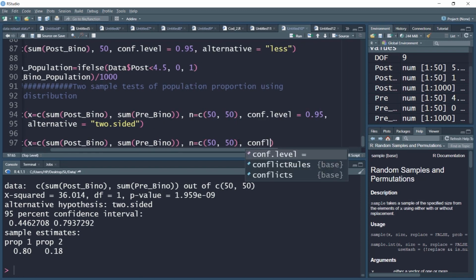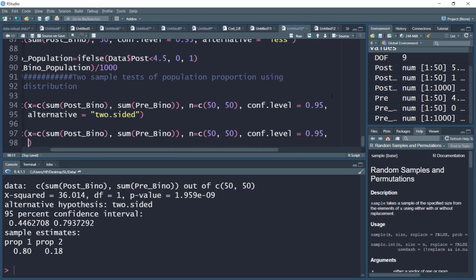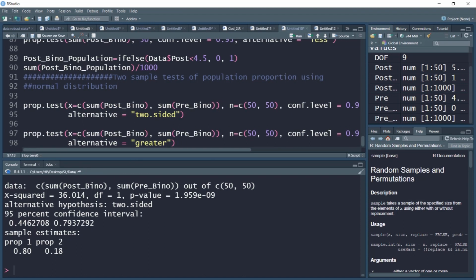We can supply the confidence level as 95%, and then we can provide the alternate hypothesis, which is greater. So here we are testing whether the proportion of promoters in post sample has increased from pre sample. Let us test that.